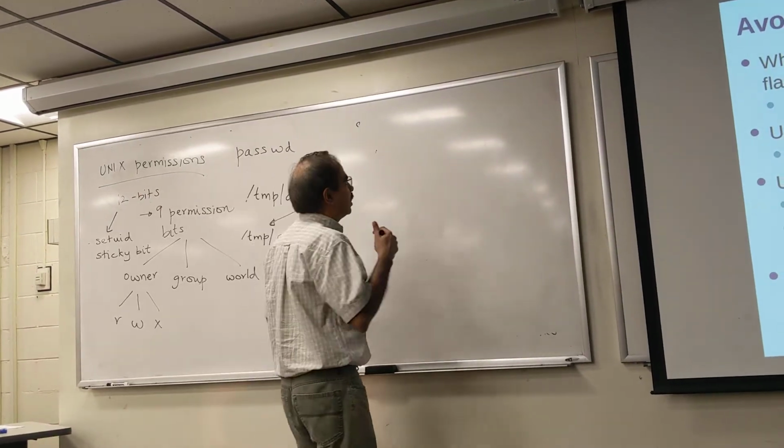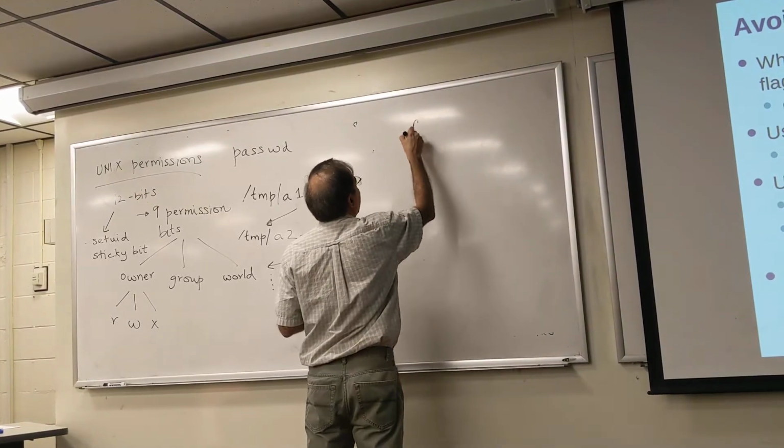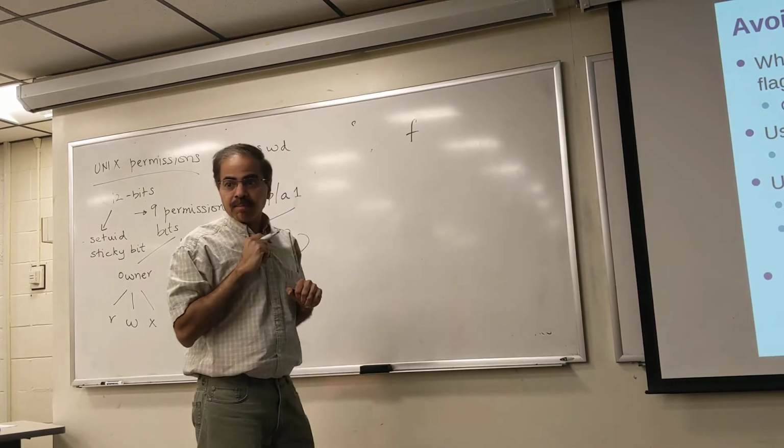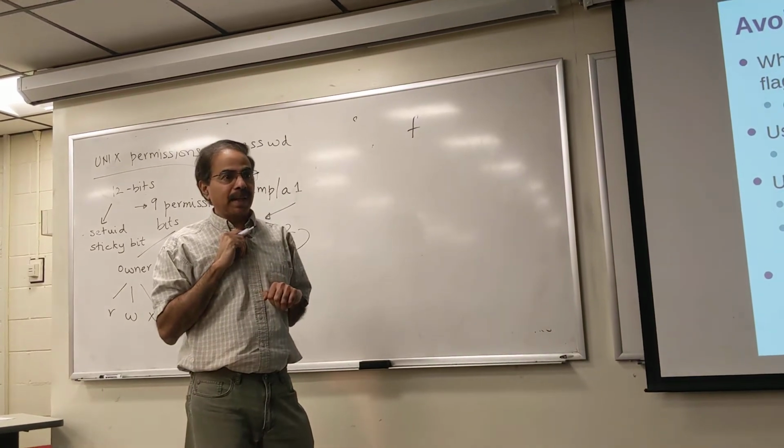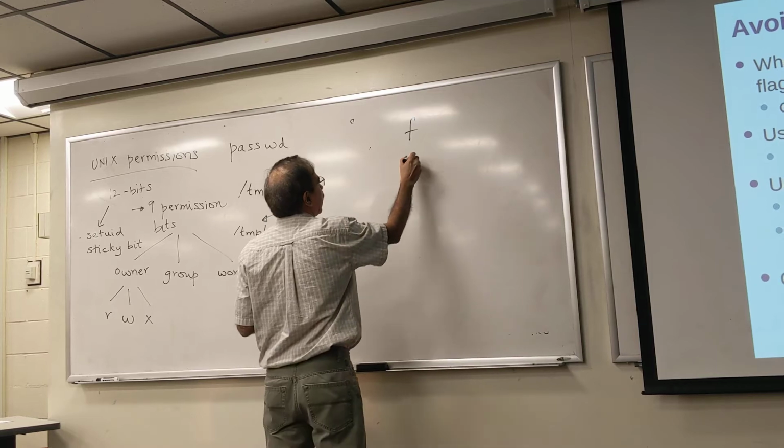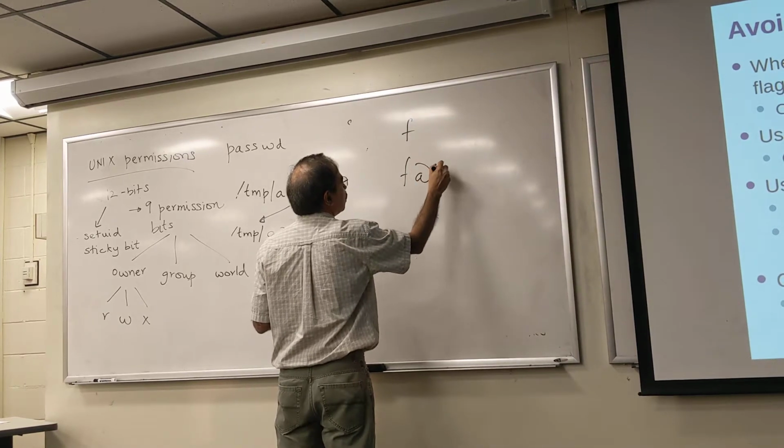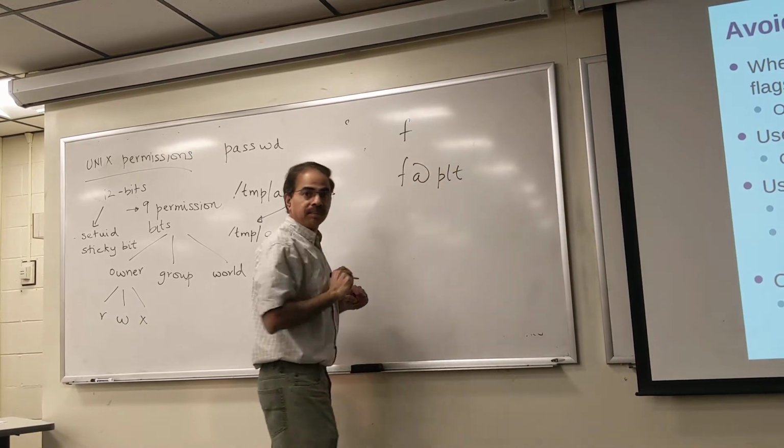If you want to call f that is in a library, what your compiler does is it creates a call to f at PLT.